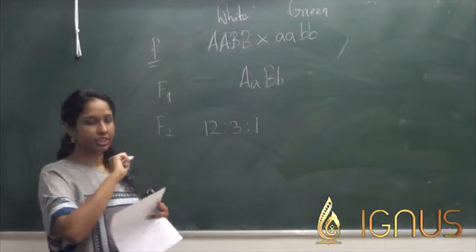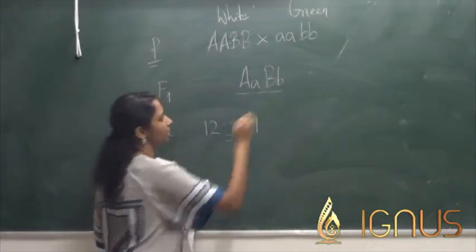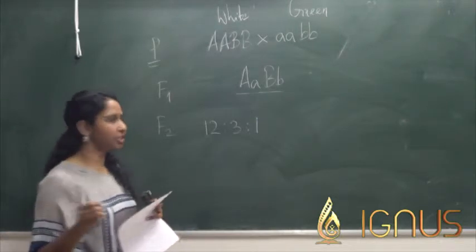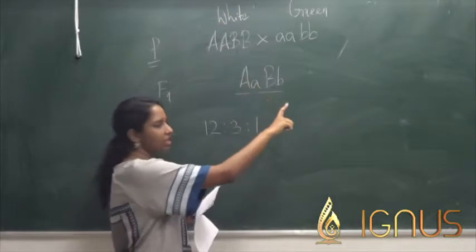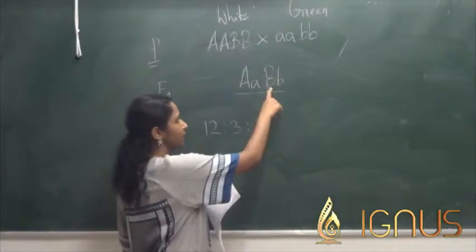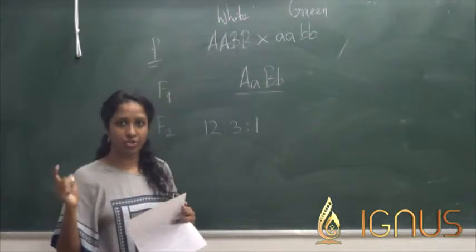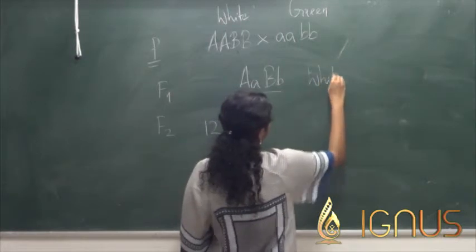the parent generation. The F1 generation, of course, you are going to get a heterozygous dominant for both the genes. So you are going to get A with one dominant, one recessive, B with one dominant, one recessive. Now, because the B gene is in a heterozygous dominant state, the color of this one will also be white.